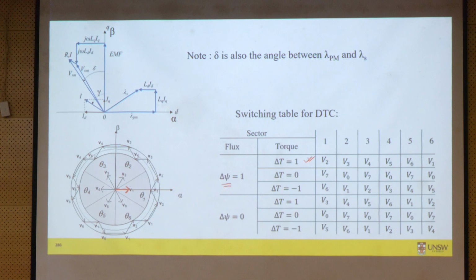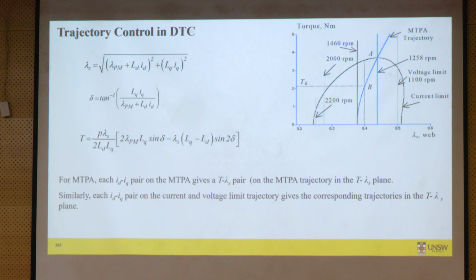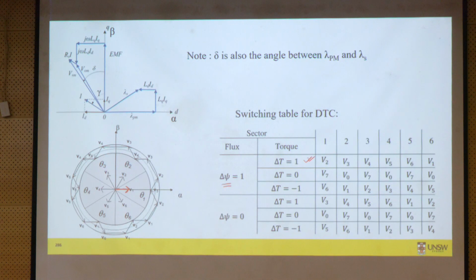If I want to now increase this voltage, I apply voltage V2 in the anti-clockwise direction so that the resultant voltage is increased. If the resultant voltage increases, flux linkage also increases, torque also increases.